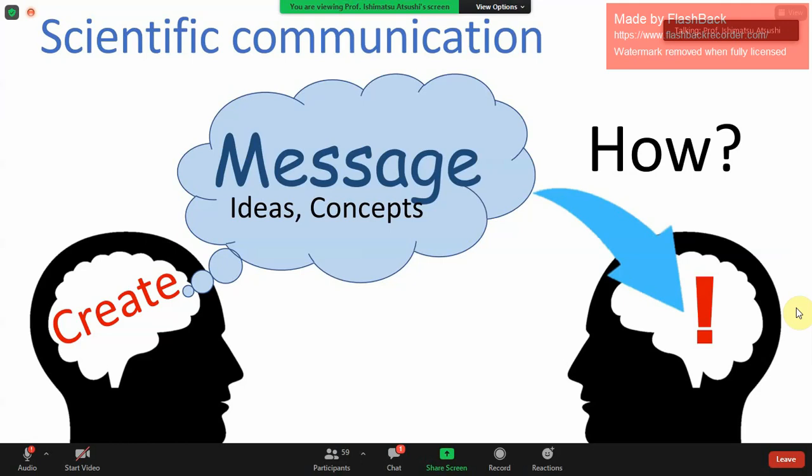The concept of scientific communication. Okay. The first thing, the most important thing, is that you create ideas or concepts, or ideas and concepts supported by the data.